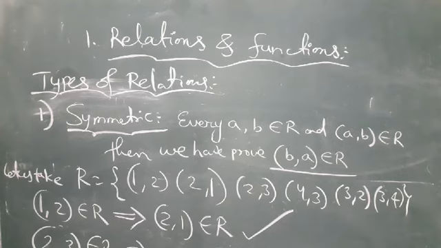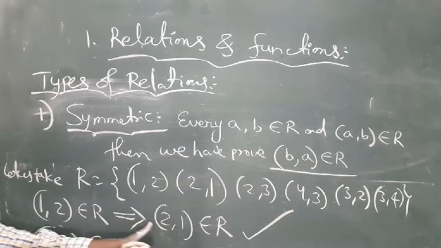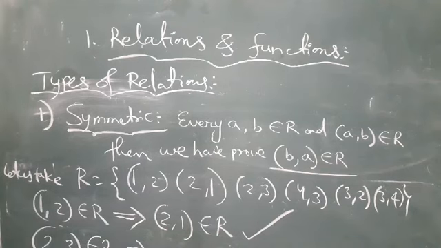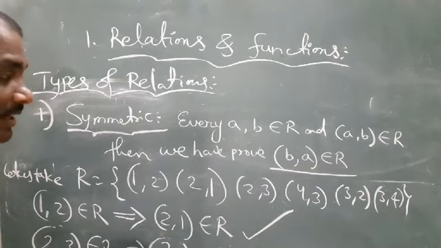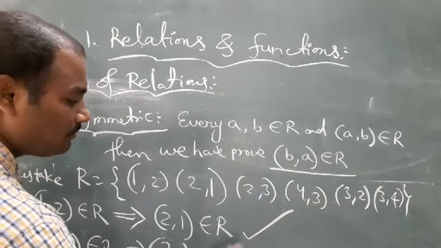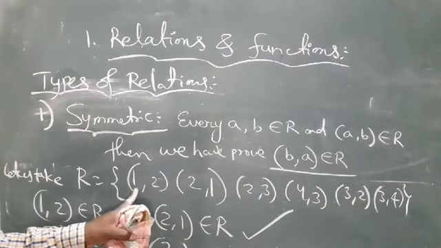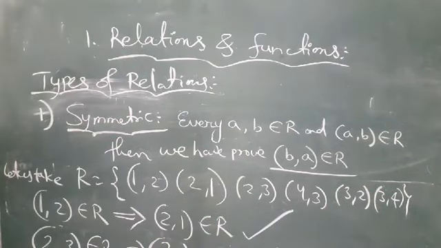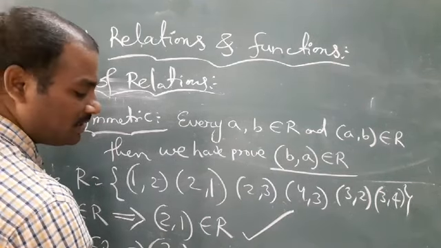(3, 2). Symmetry means reverse element, (a, b), (b, a). If (1, 2) belongs to R, then (2, 1) is in this set. So for relation (2, 3) belongs to R, what is it, (3, 2), is in this set, yes, so it belongs to R. Next, you can take (4, 3) belongs to R, that implies (3, 4) is in this set, yes.